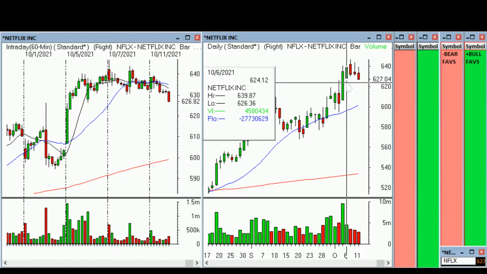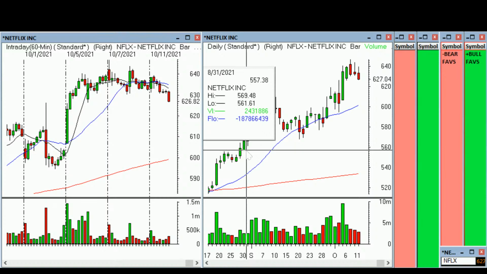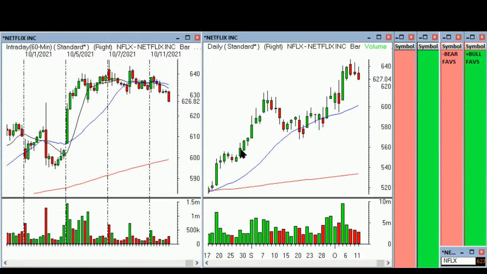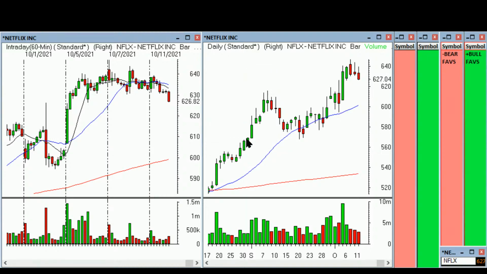The initial play on Netflix was at 564. So over here. I think it was over here. Yeah, it was actually maybe the day before. 564 was the initial entry right here. That's pretty good. Up a lot. Okay. The second entry on it is what I'm a little bit worried about, which was at 619.